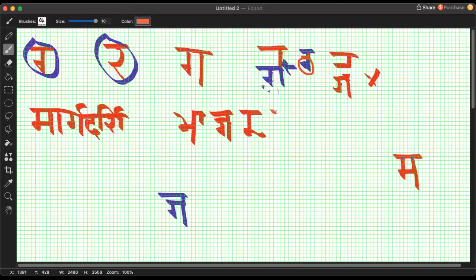Margadarshi. That triangle in row will vanish, and I'll write show here. This is Arsha. What I'm writing is this show. And as usual, the Matra will apply the same. She, Margadarshi.